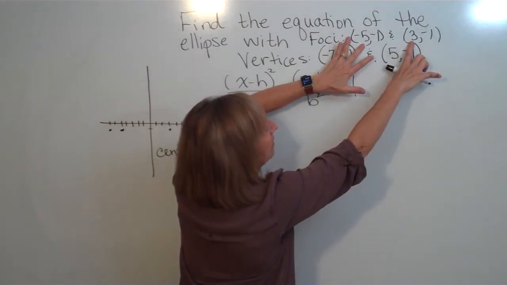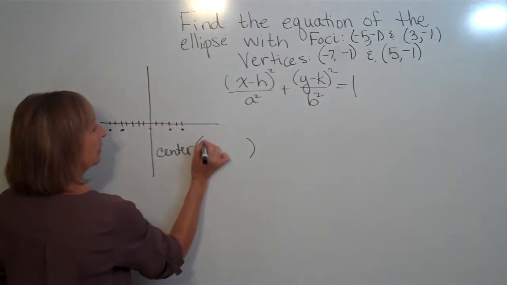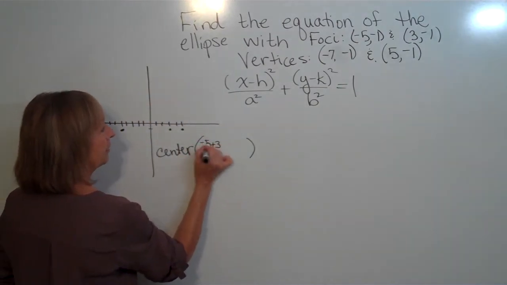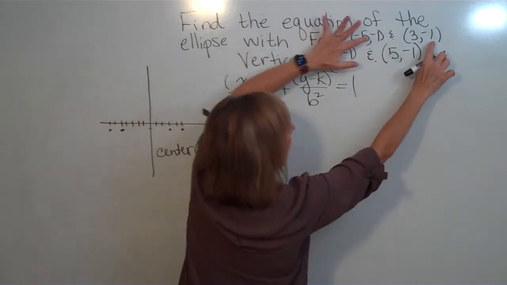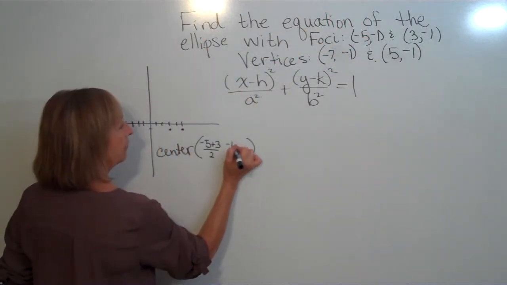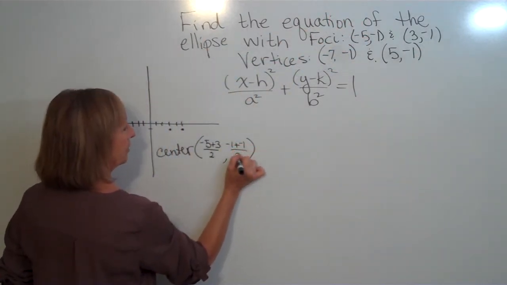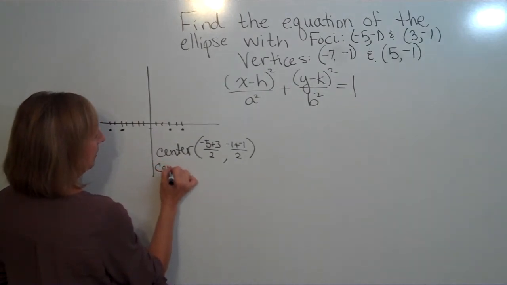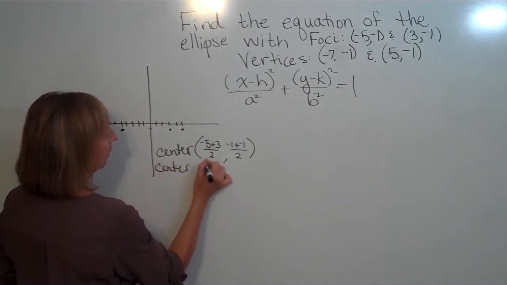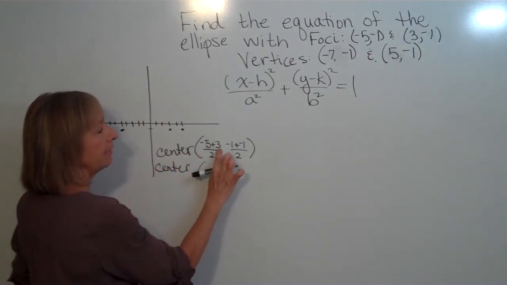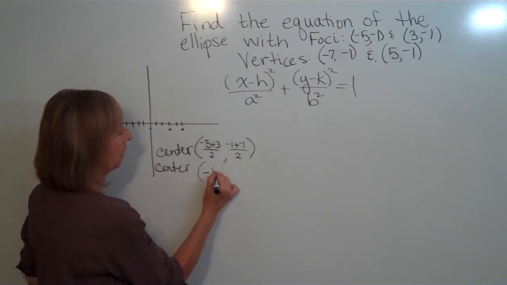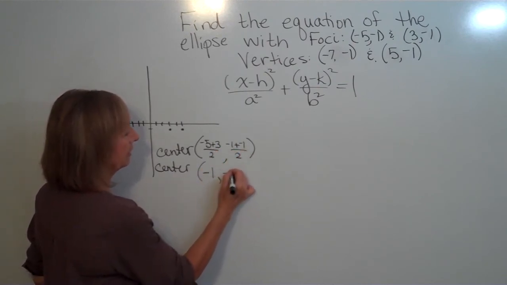So add the two x's together and divide by 2. So it's negative 5 plus 3 over 2. And add the y's together and divide by 2. Negative 1 plus negative 1 divided by 2. So that gives me negative 2 divided by 2 is negative 1, and negative 2 divided by 2 is negative 1.